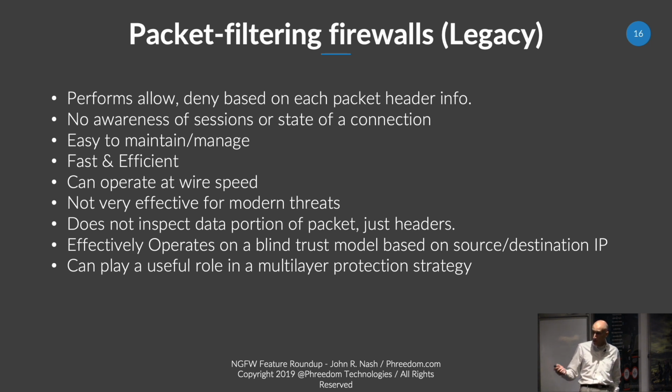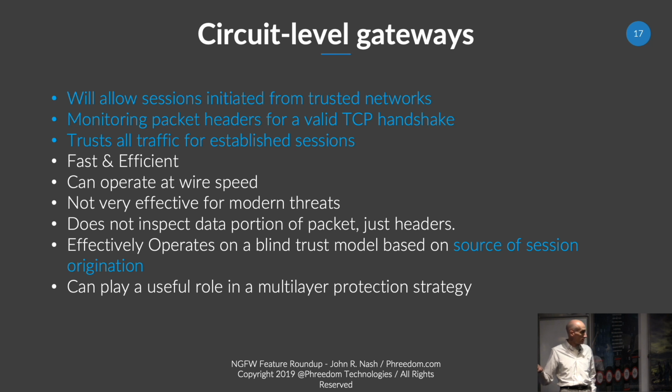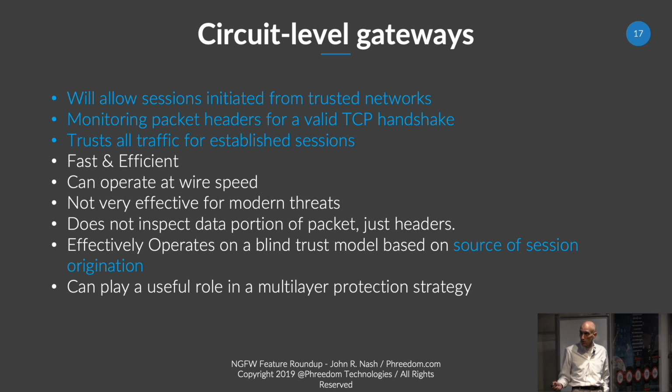Okay. The things in blue are basically what's different from the previous slide, just for a little aid there. So with a circuit level gateway, and these are kind of legacy terms here, they will allow sessions initiated from a trusted network. They will monitor packet headers for a valid TCP/IP handshake. That handshake means they're watching the session. They know the state of the session.